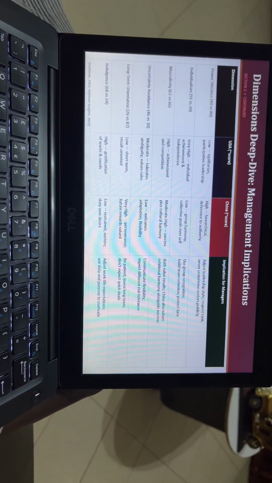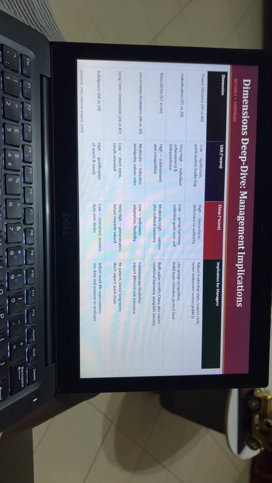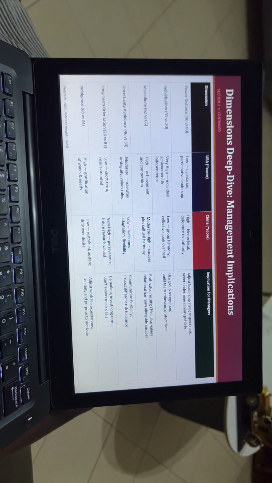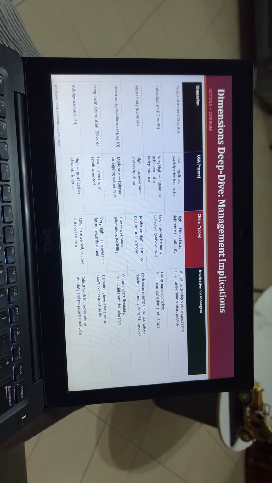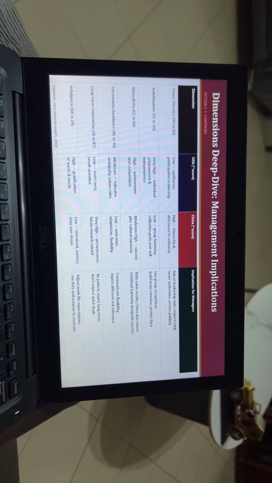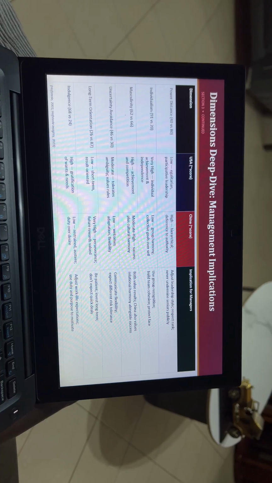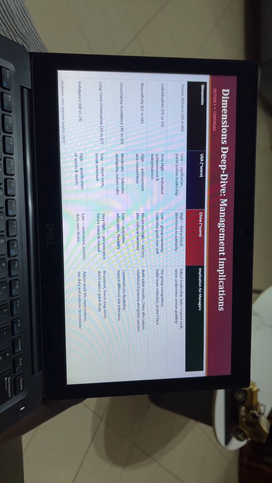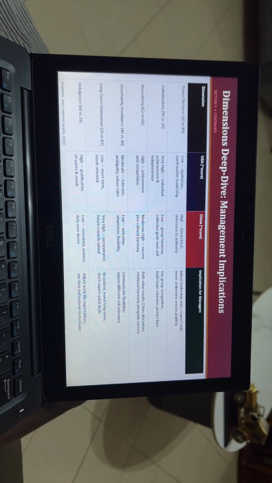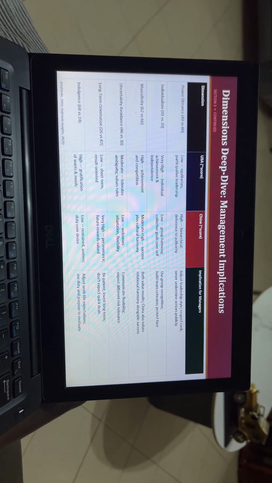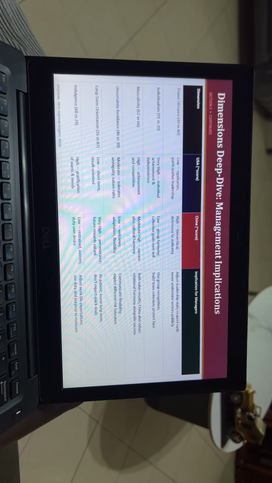Now, here is a deeper dive into these dimensions with management implications for any expatriate management staff who is going to work in China. He needs to know some of the implications for managers. For instance, under power distance.